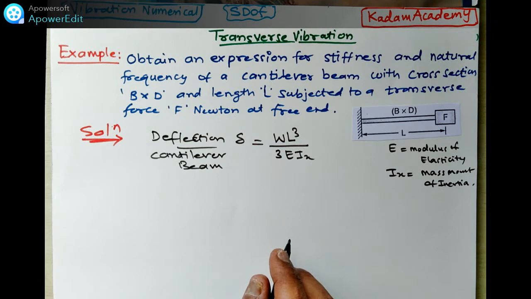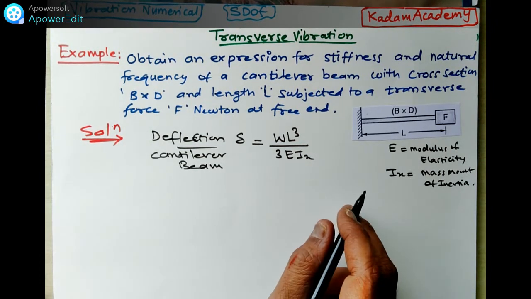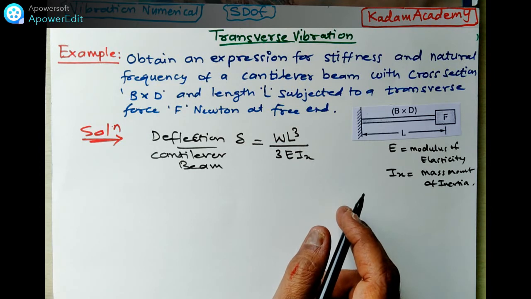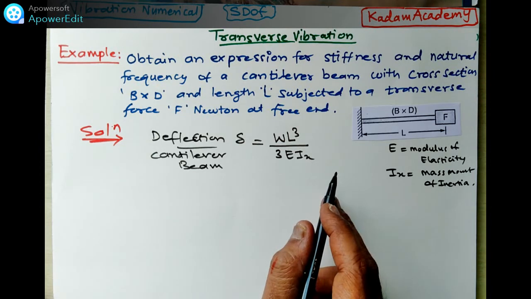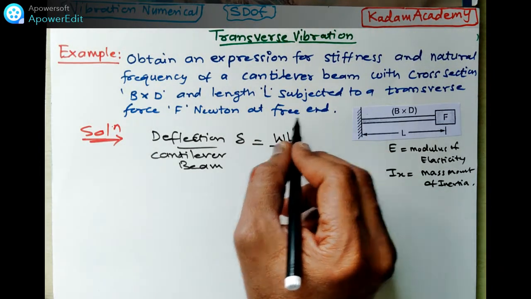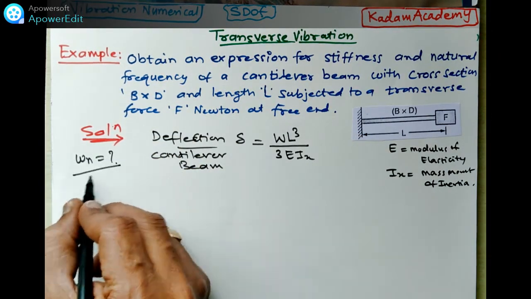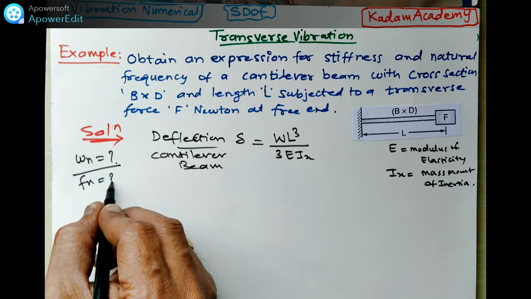So we have to find out the omega n and the Fn, the natural frequency for this transverse vibration.